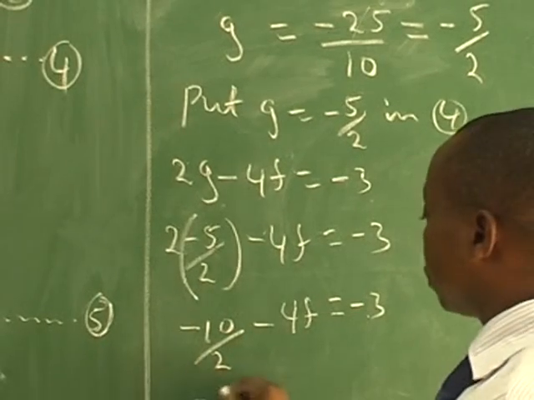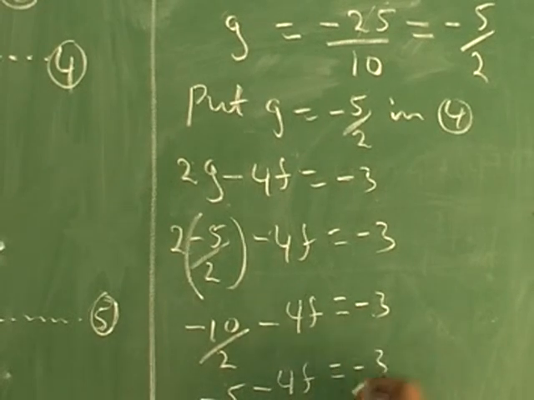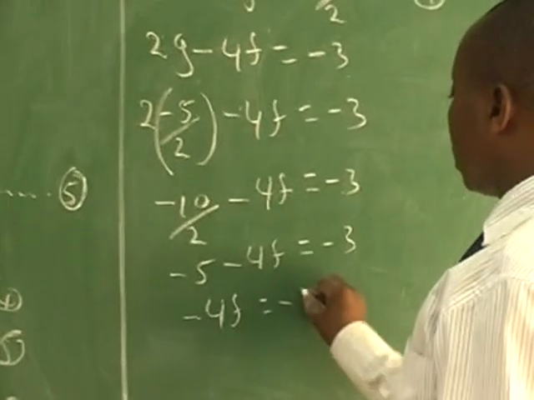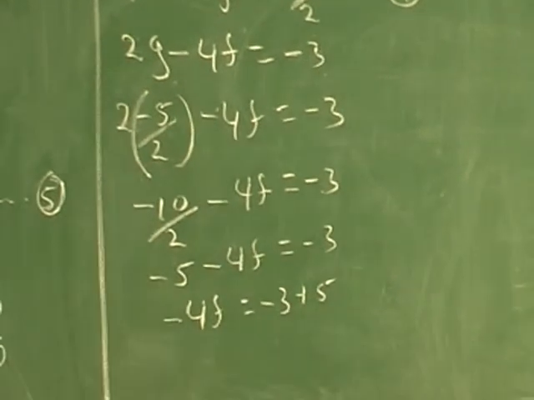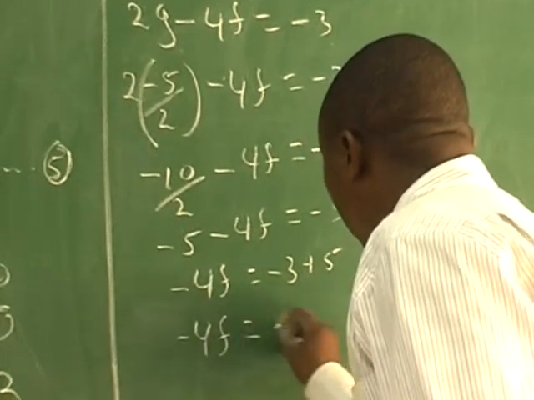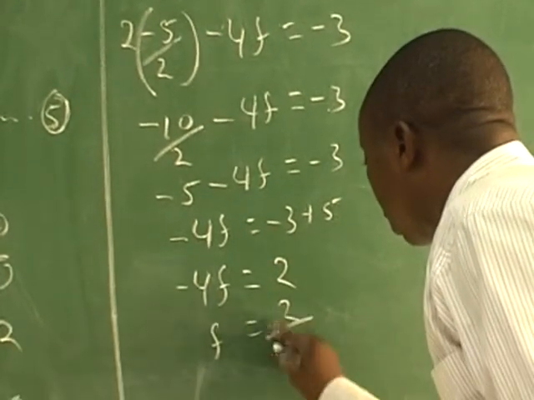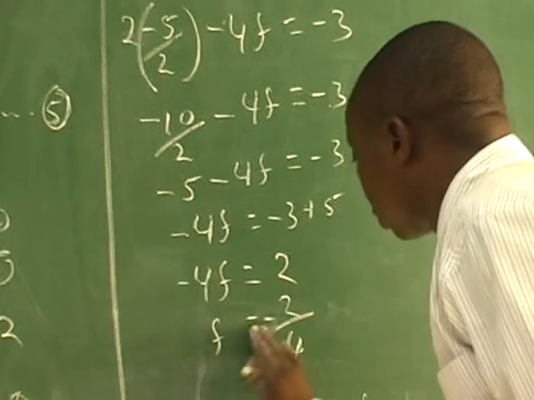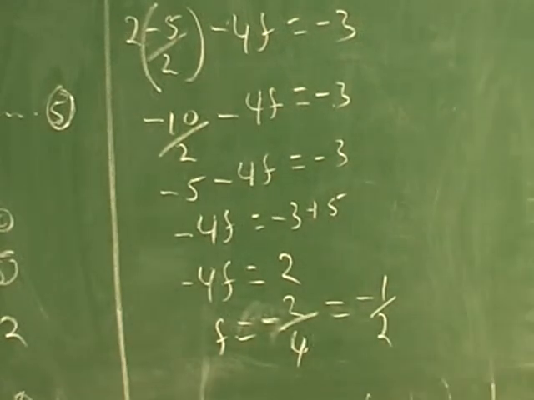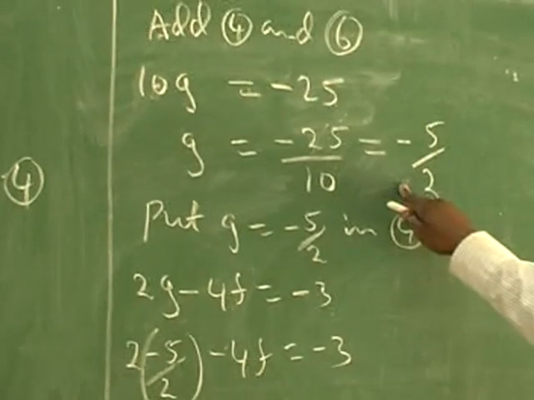But this will give us minus 5 because minus 10 divided by 2 is minus 5. So minus 4f will be equal to minus 3 plus 5. And then minus 3 plus 5 will give us minus 4f will be equal to 2. So f is what? F is minus 2 all over 4, which is the same as minus 1 all over 2. So f is minus 1 all over 2 and g is minus 5 all over 2.